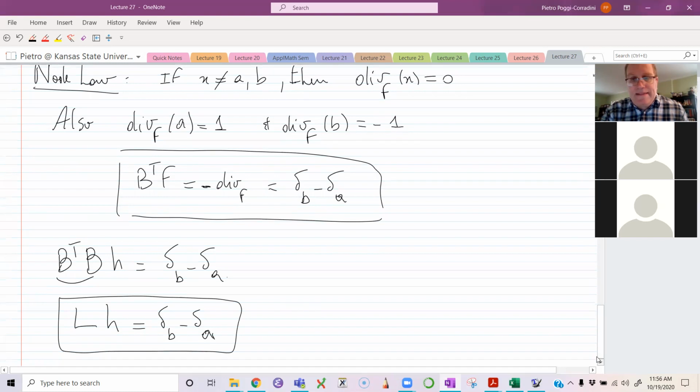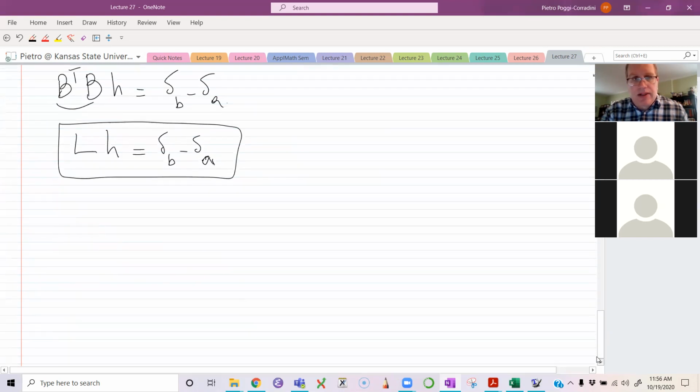Unfortunately, the Laplacian is not invertible, because if you take the constant function, you're going to get 0.